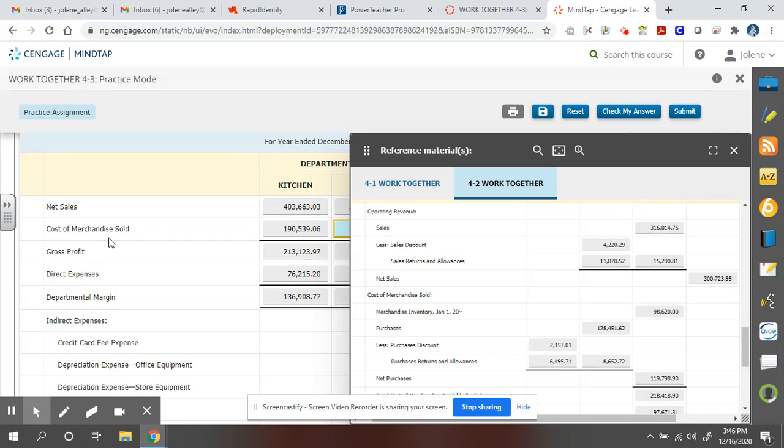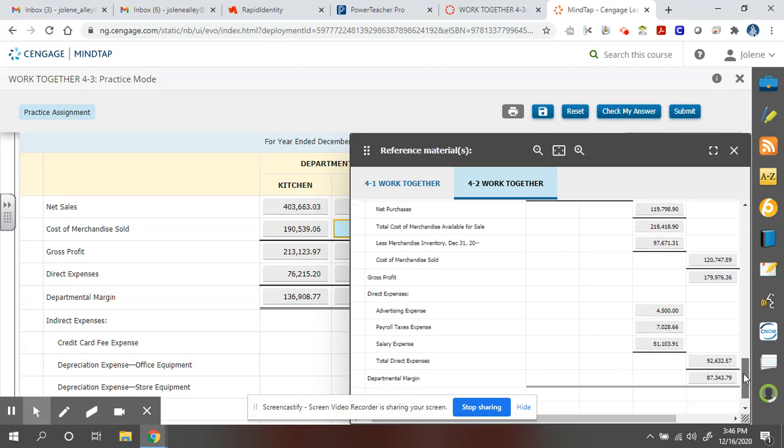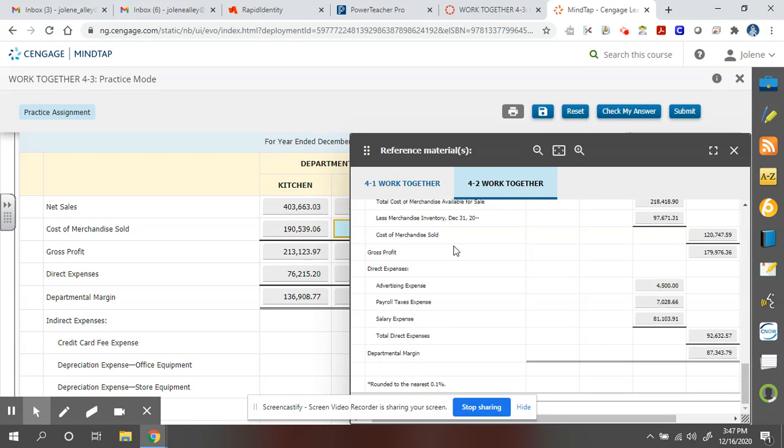Okay, cost of merchandise sold. I'm just going to scroll down a little bit further. And here's our cost of merchandise sold right here. 120,747.59. The next box is asking for gross profit, which is on this next line. 179,976.36.